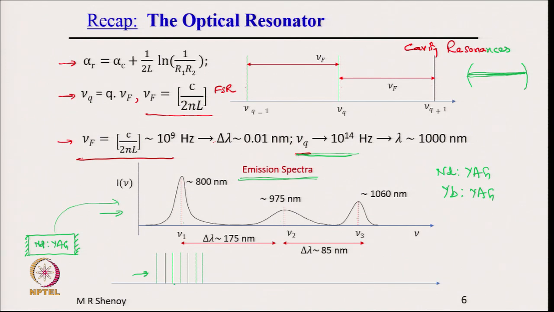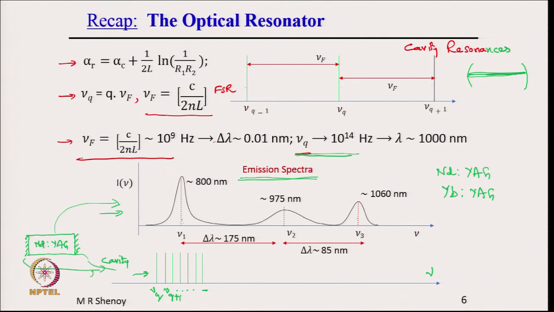The resonances shown here, what is this? This is frequency axis nu, and these are the frequencies nu q plus 1 and so on, the various longitudinal modes. These are the resonances because of the cavity. So, that is the difference. Please see, both are called resonances. So, this is cavity resonance and this is atomic resonance.